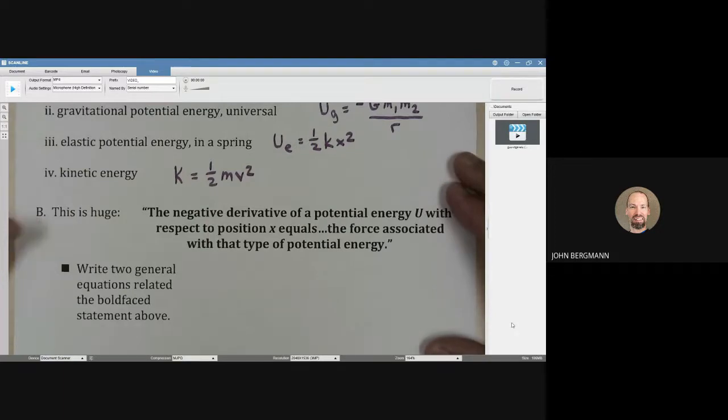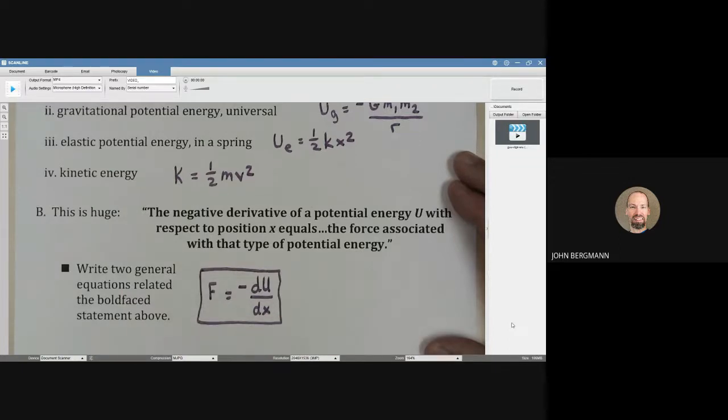If we were to write out two general equations that demonstrate what we're saying here in English, it would be this: the negative derivative of a potential energy with respect to x equals the force associated with that type of potential energy. So there's one equation that statement reflects.